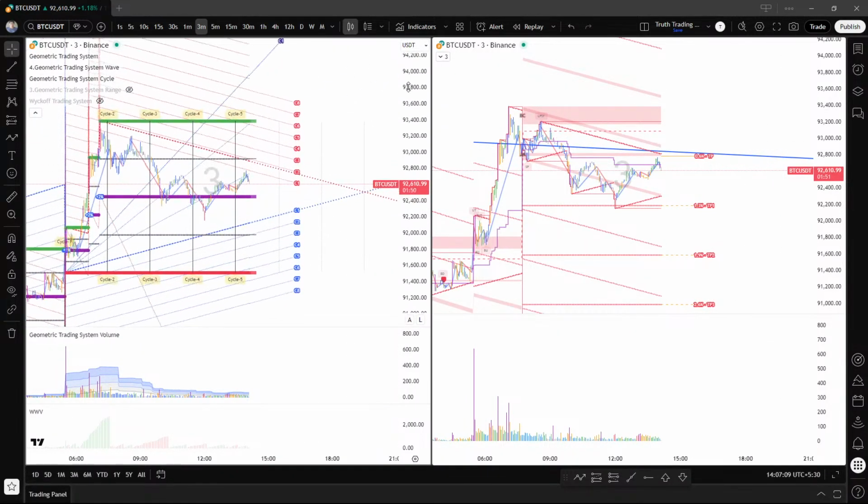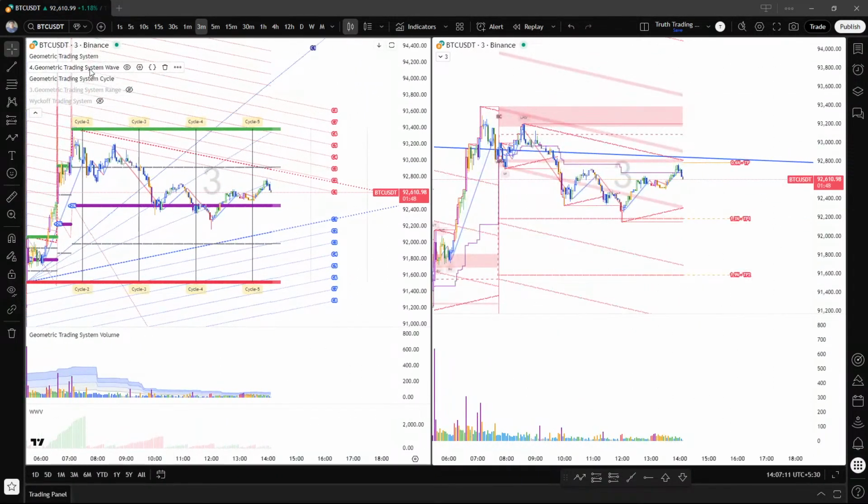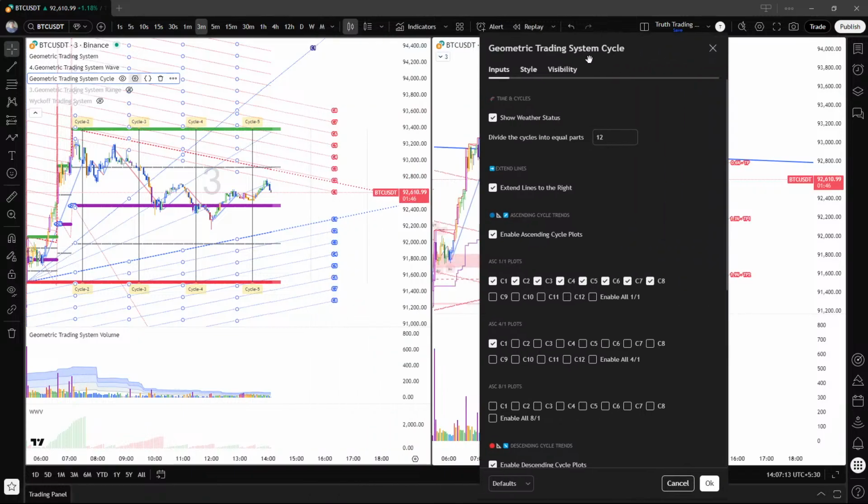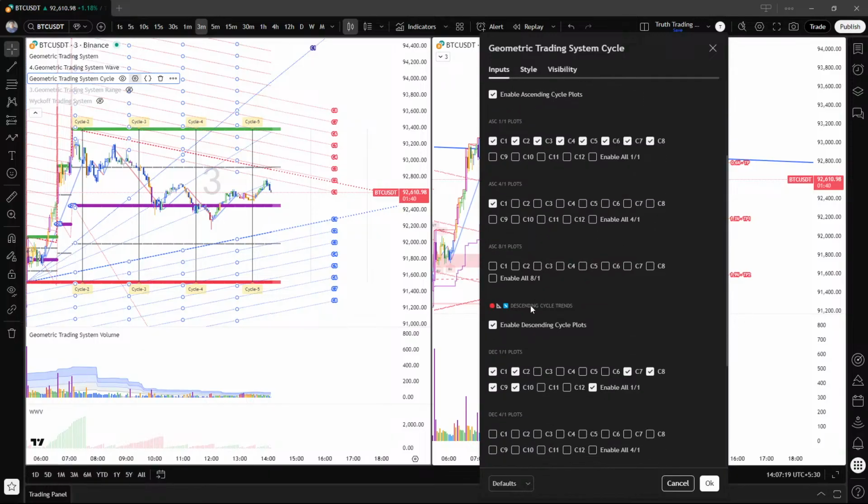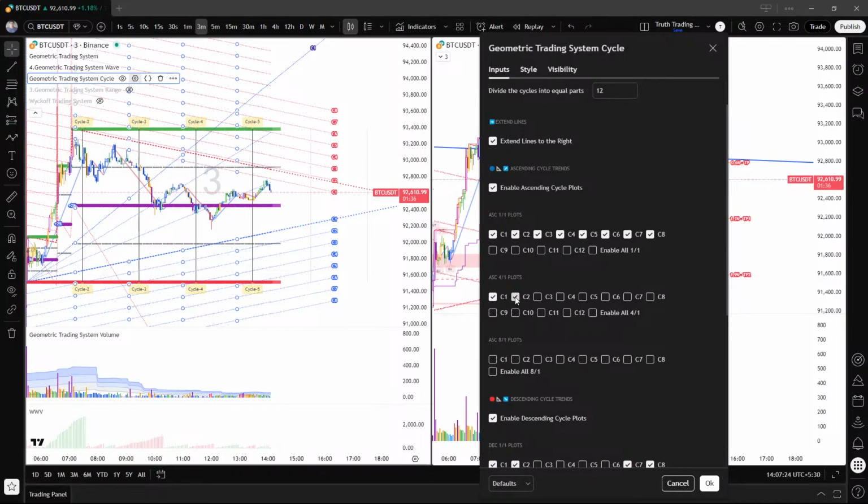But what I'm seeing here is, as soon as this, let me get this one, C2, C3. You see C3 it hit and then now C4.